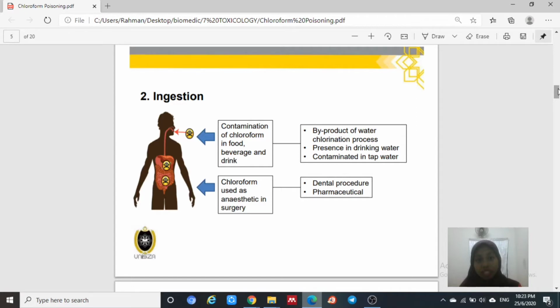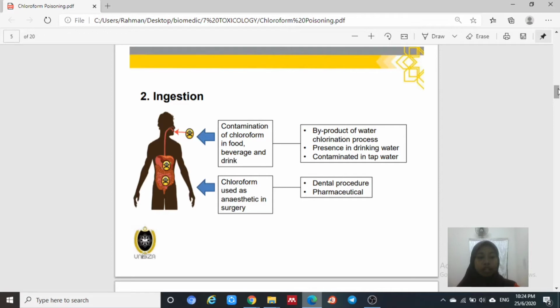Mostly the ingestion of the chloroform occurs when someone drinks water that is contaminated with the chloroform. Then how can this chloroform be present in that water? It is present due to the water chlorination process. So the chloroform is a product of the water chlorination process.